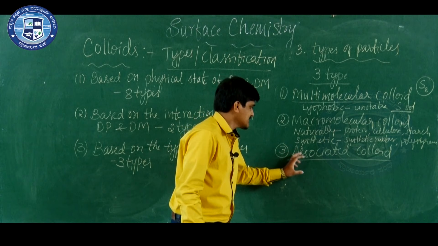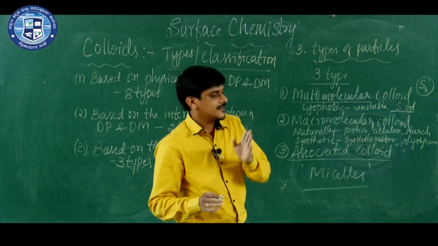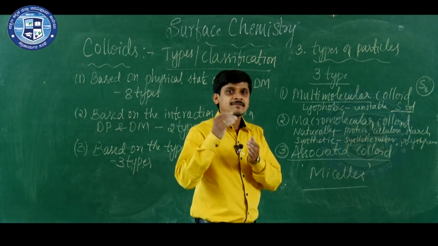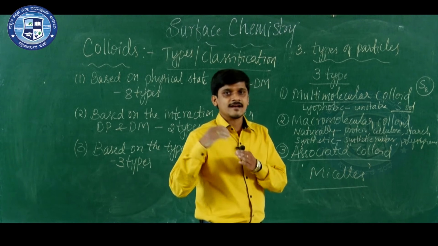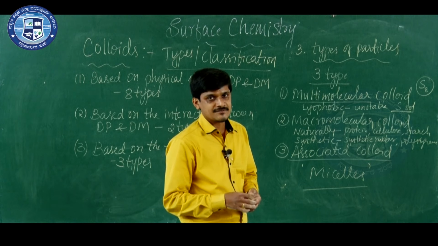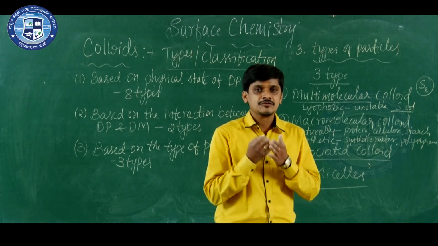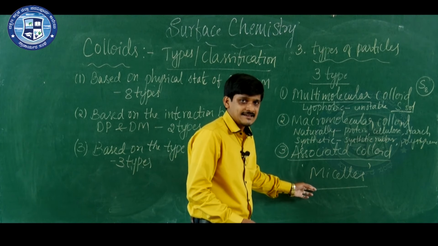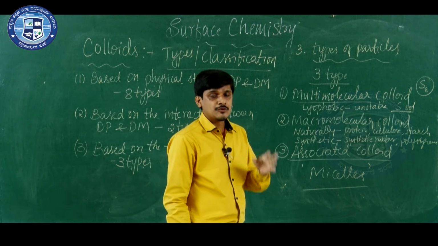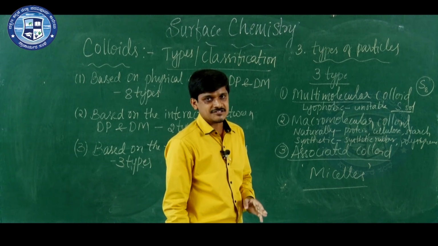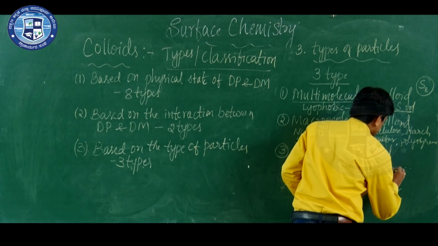Next, associated colloids. What are associated colloids? They are substances which behave as strong electrolytes at normal concentration and as colloids at higher concentration. At higher concentration the molecules undergo aggregation to form micelles. The formation of micelles takes place only above a certain temperature called the Kraft temperature, Tk.